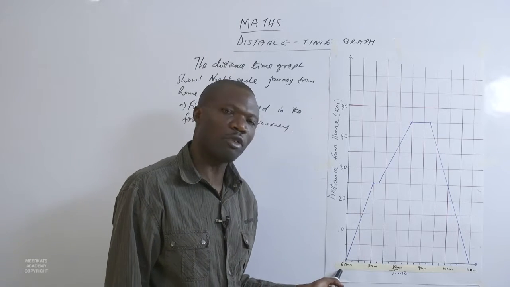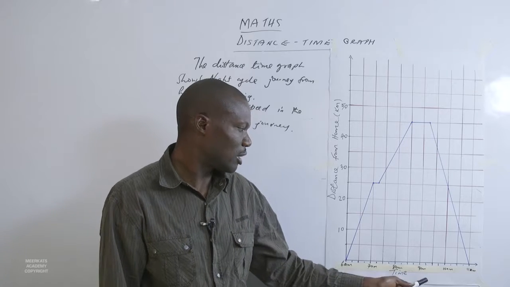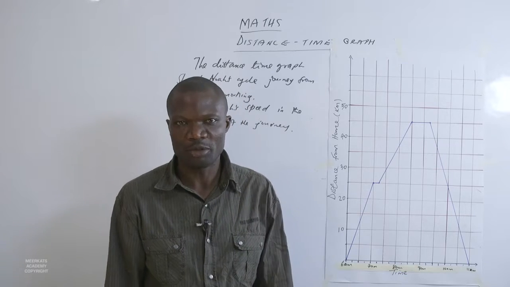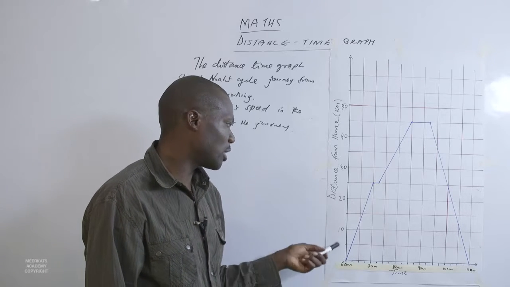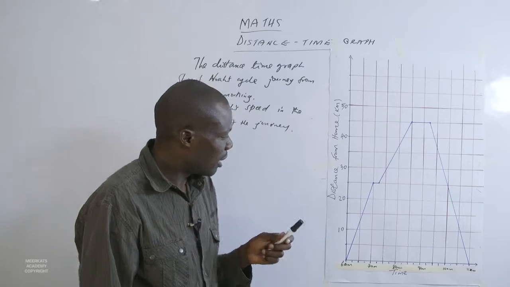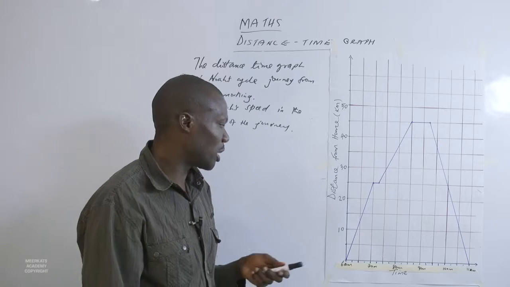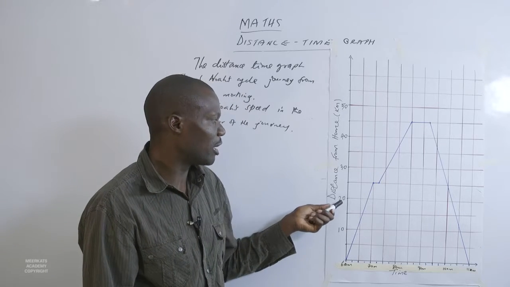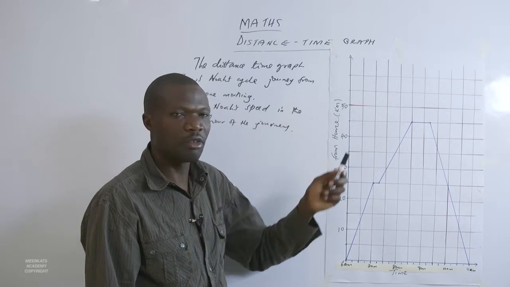In time, we are starting from 6 a.m. to 7, then to 8, to 9, to 10, and up to 11. On the y-axis, we have distance from home in kilometers. Before you start leaving home, you've started at 0 kilometers, then 10, 20, 30, 40, 50, and so on.